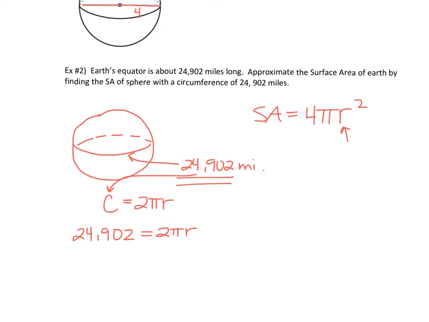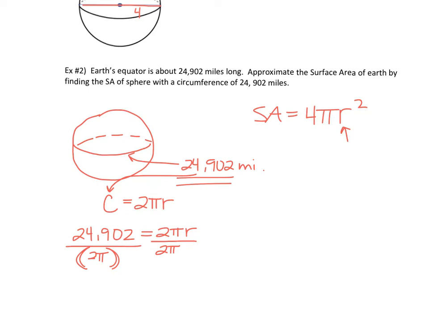Okay, now your biggest place to be careful here is if we're going to divide by 2 pi, then we got to divide by 2 pi here. Your calculator is going to think if you just plug this in 24,902 divided by 2 times pi, it thinks you're multiplying the rest of it by pi. Okay, you're not. You're dividing by 2 pi. So make sure you put parentheses around this. So you would go 24,902 divided by 2 pi.